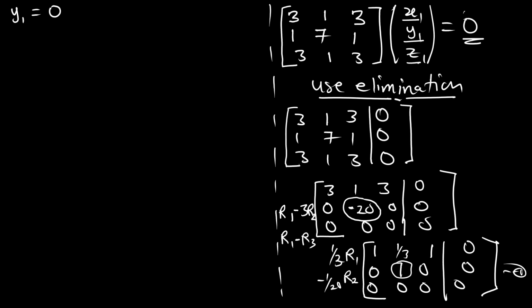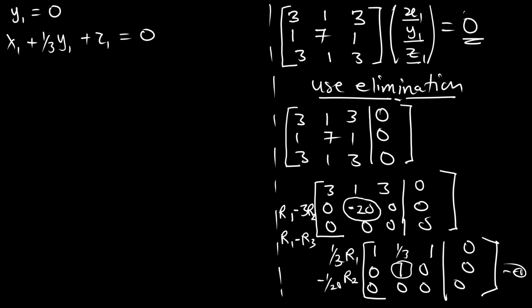And from the first row, can I say x1 plus 1/3 of y1 plus z1 is equal to 0. Are you okay? So now we are going to put in the values and check it out. Or we can also try to simplify the equation.